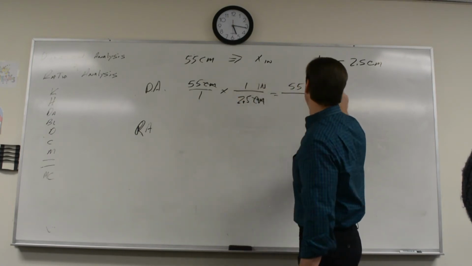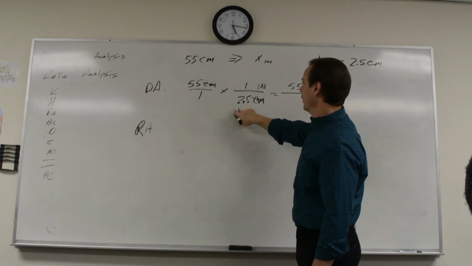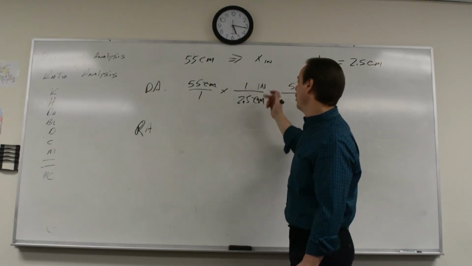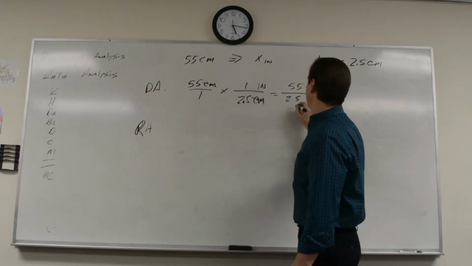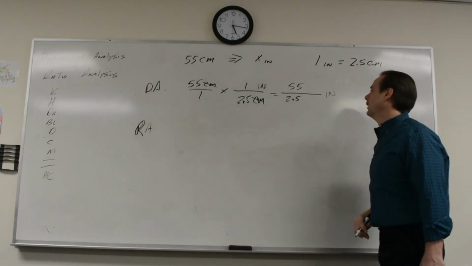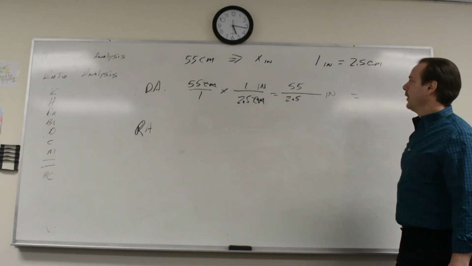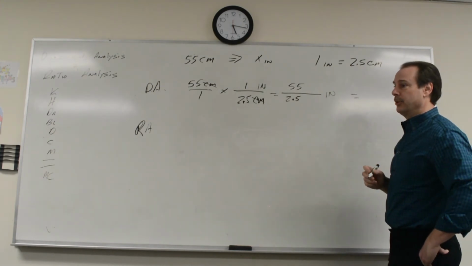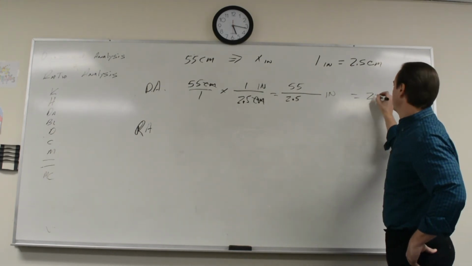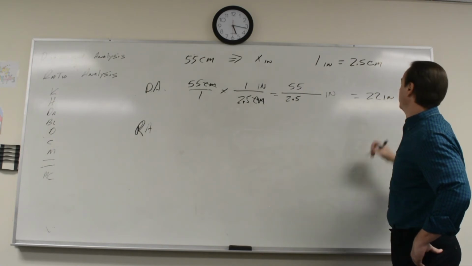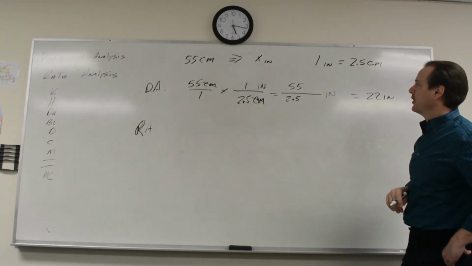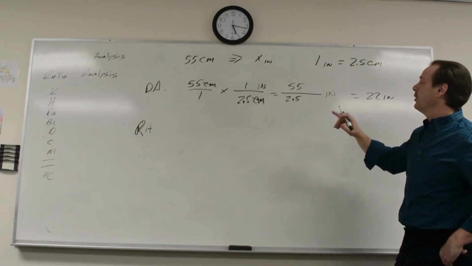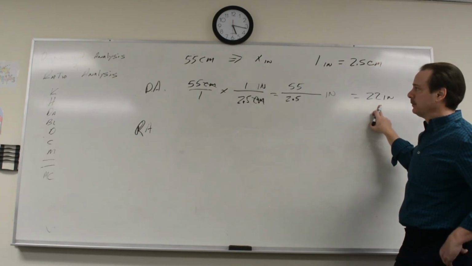The only units we have left are inches. And we're going to divide by 1 times 2.5, which is 2.5. If we divide 55 by 2.5, what do we get? 22. So this is saying that 55 centimeters is equal to 22 inches.